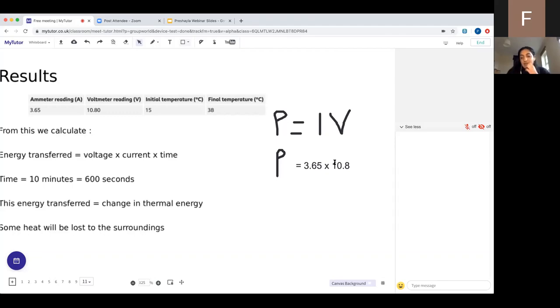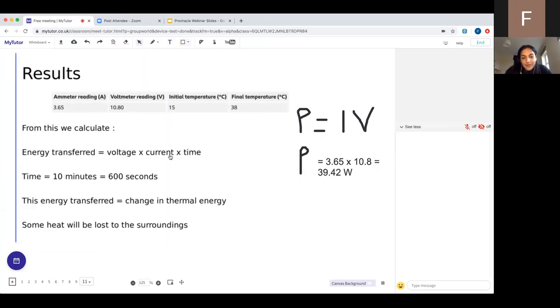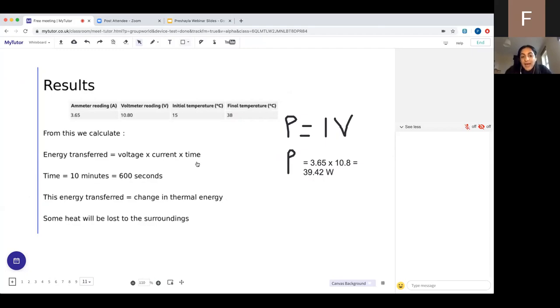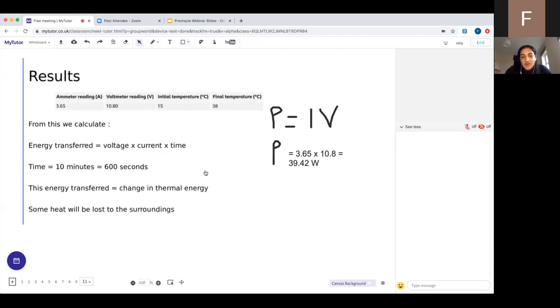Cool, loads of you getting the right answer, 39.42 watts. Great. Okay, so we know the power going through. Now we also know that power equals energy transferred over time. That's the equation that I just told you.